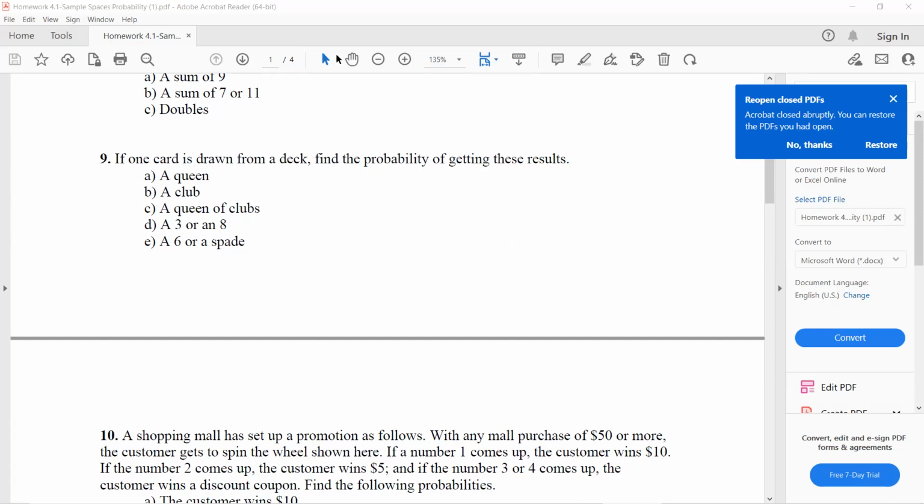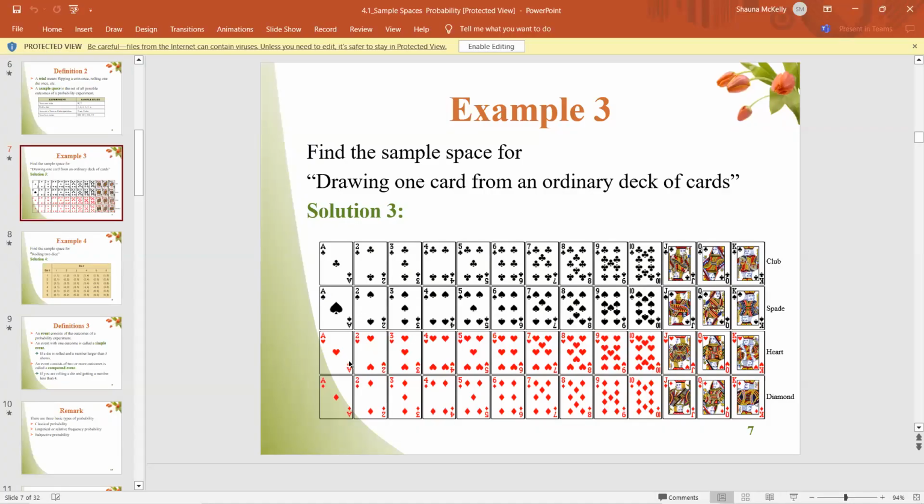We're going to talk more about this in 4.2, but that's why you only have one of these, just to show you. So how many 6s do we have? We have 4. That's not a problem.